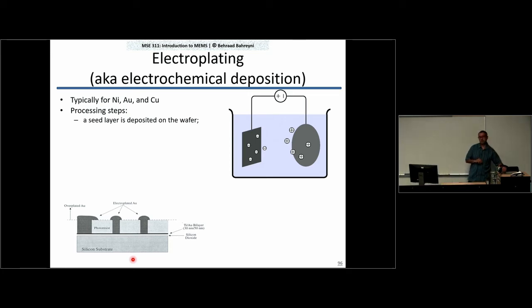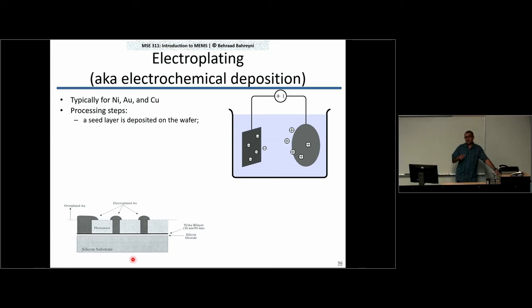What we used to do is, let's say you take an armor and you put a layer of zinc on that entire armor, right? So that was for chemical protection, and there was no masking. So the entire structure was covered with your new material. In micro electromechanical systems processing, well, that's not good enough. We want to have control over where the material goes and what the shape of it is.